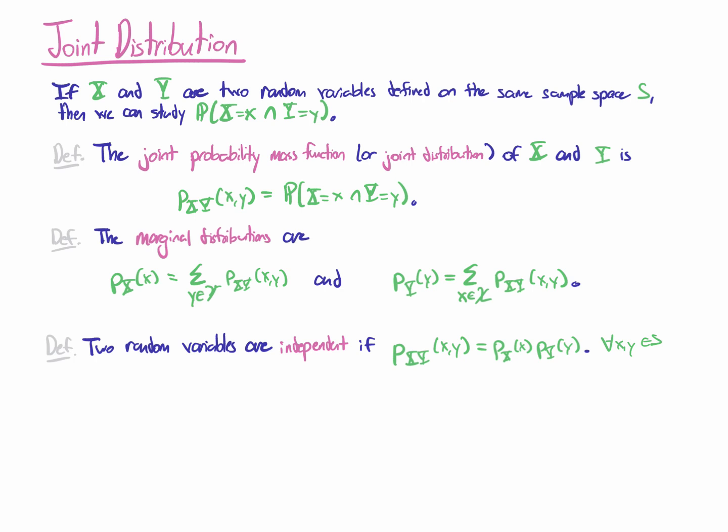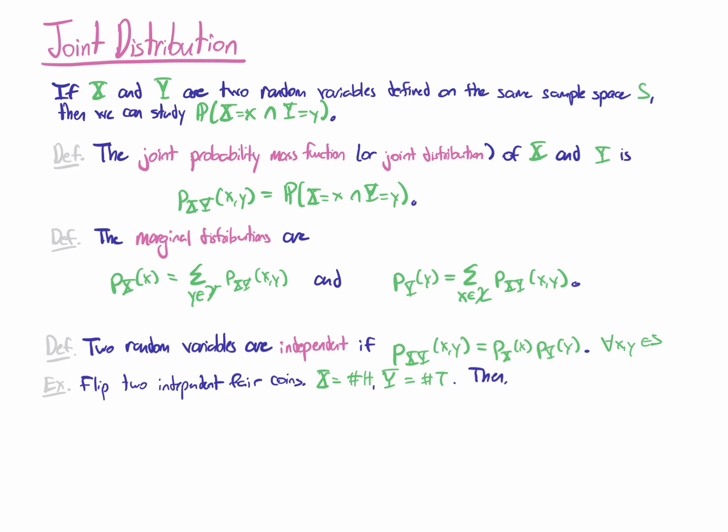For example, let's flip two independent and fair coins. So probability of heads equal to 1/2, probability of tails equal to 1/2. Then I'm going to let x be the number of heads, and I'm going to let y be the number of tails.